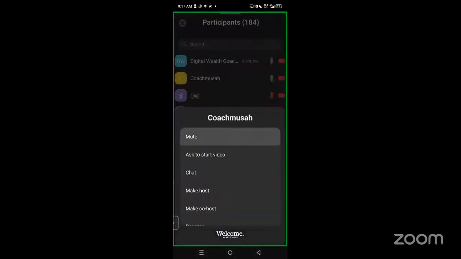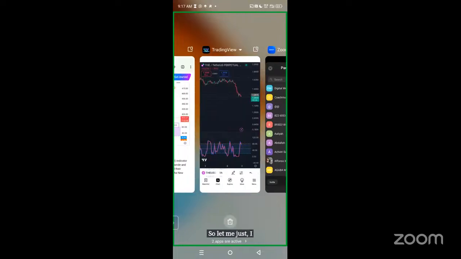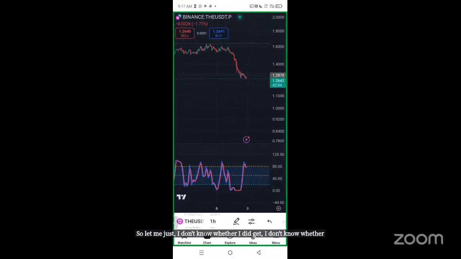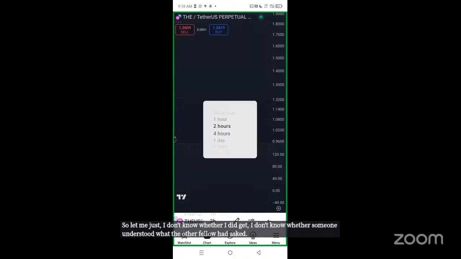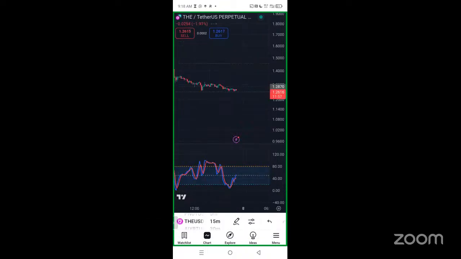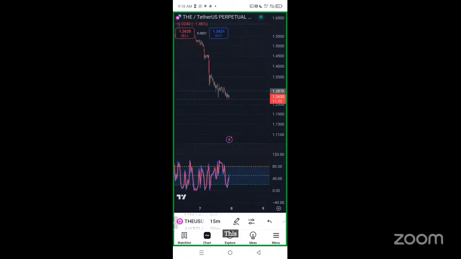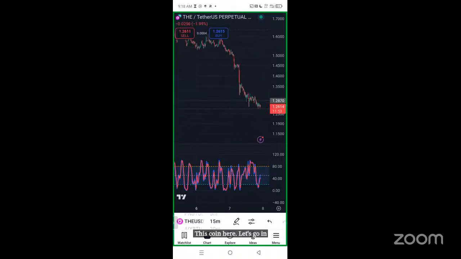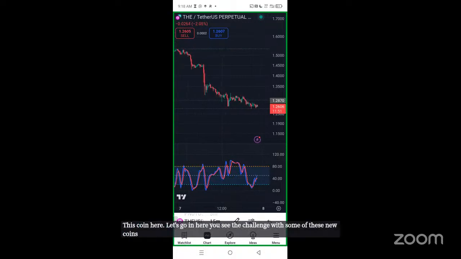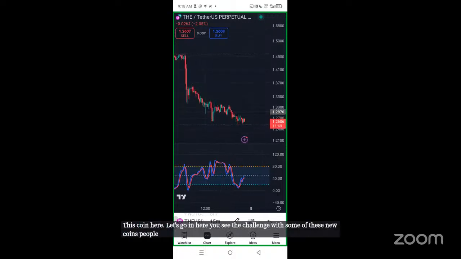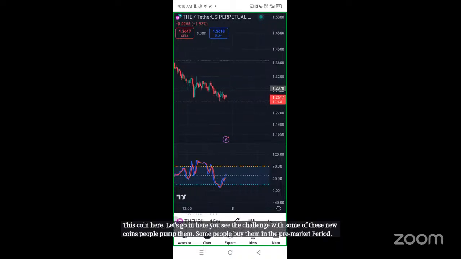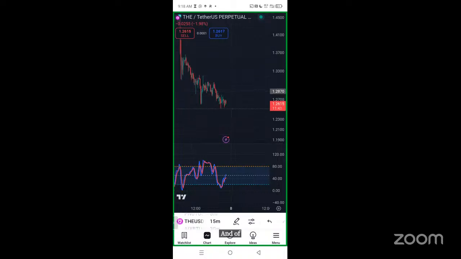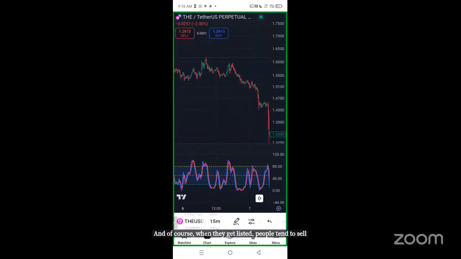So let me just, I don't know whether someone understood what the other fellow had asked. This coin here, you see the challenge is some of these new coins. People pump them. Some people buy them in the pre-market period. And of course, when they get listed, people tend to sell a lot and then the price dumps very badly.